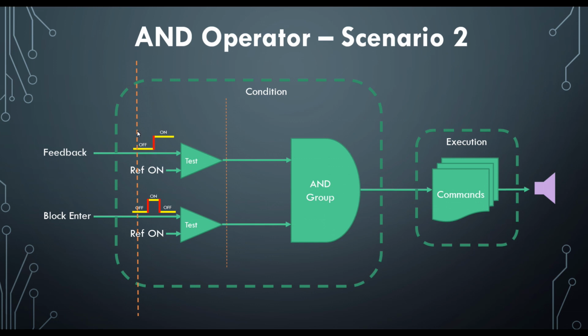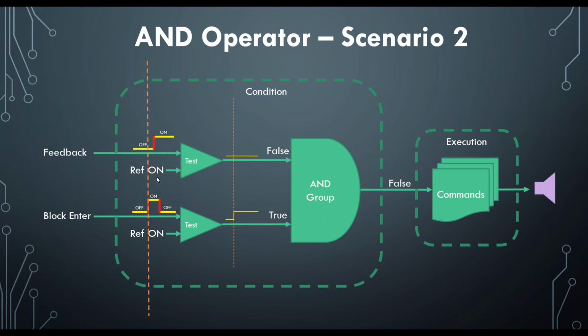Walking through the timeline, initially they're both in their off states, which is different to the reference states, so these outputs will both be false. We move the timeline forward. It meets the first event, which is block enter turning on. These two therefore match. Its output becomes true. Here it's in its off state, so that will be false. The output here is false.